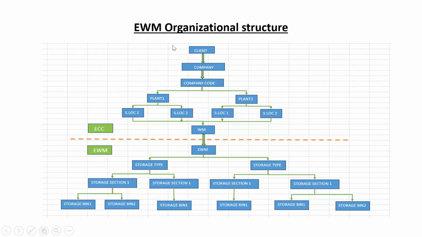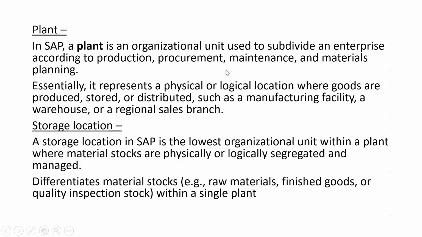Because, as I mentioned, these three come under financial module. Okay, and here these two come under inventory department, inventory management or materials management. That's why we are saying that when trying to understand what is this plant, what is the storage location as per SAP's definition, here comes the lowest organizational element.